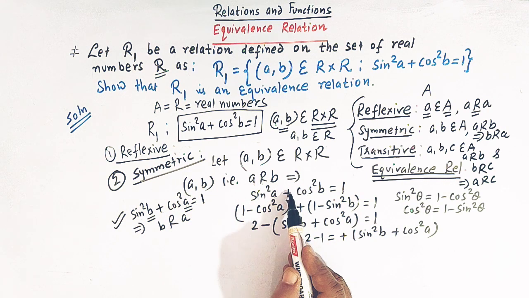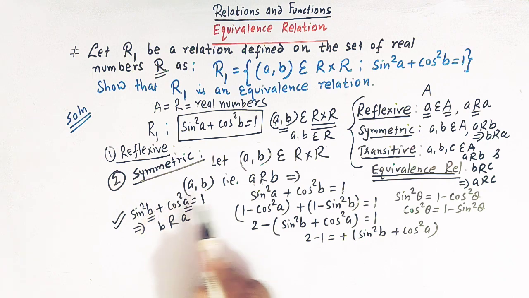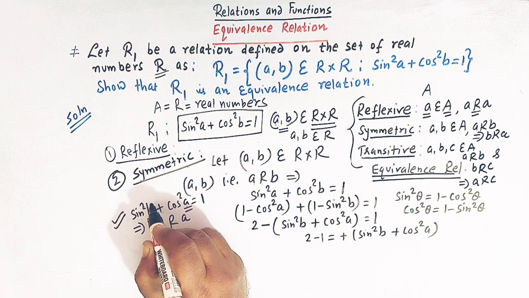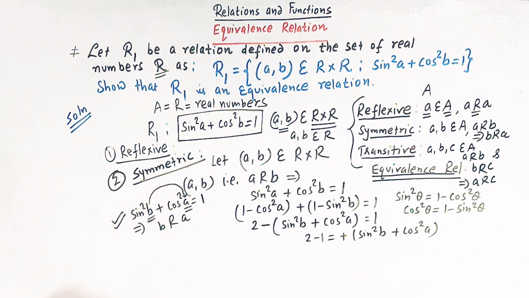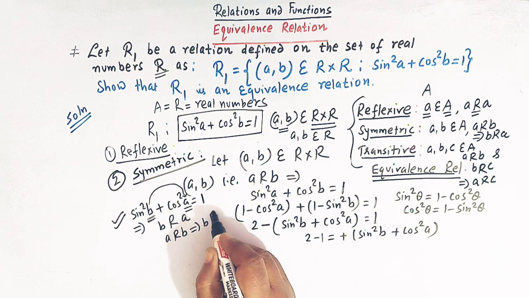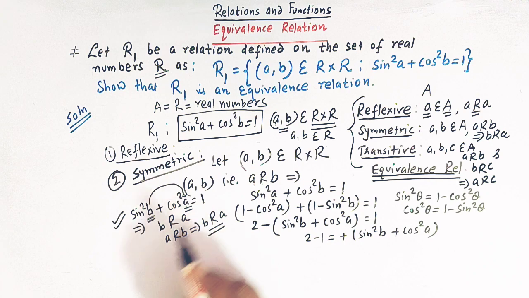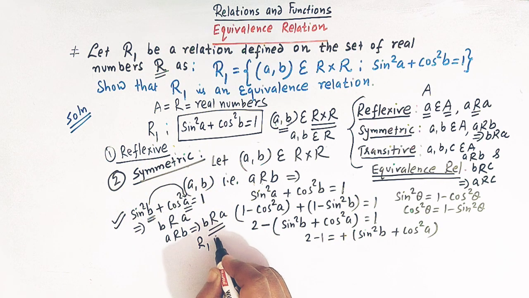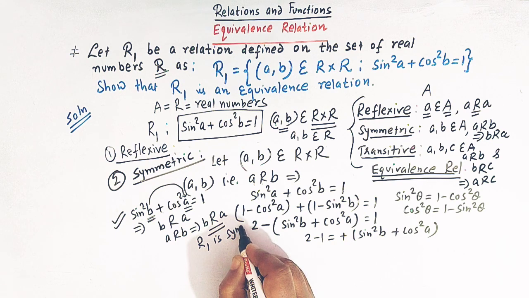So comparing this relation and this relation, we can easily conclude that B is related to A, right? So what we have obtained, when A is related to B, then B is related to A, which suggests that this relation R1 is symmetric.